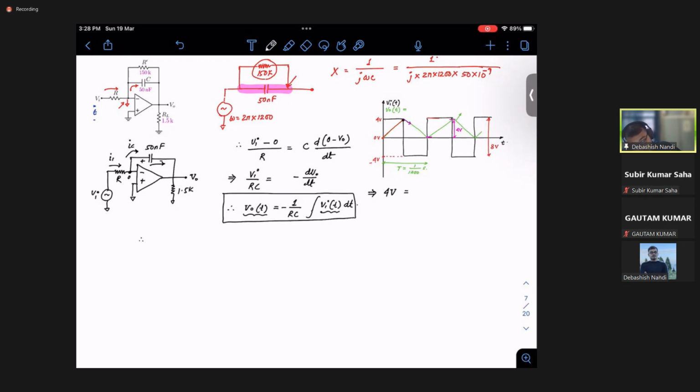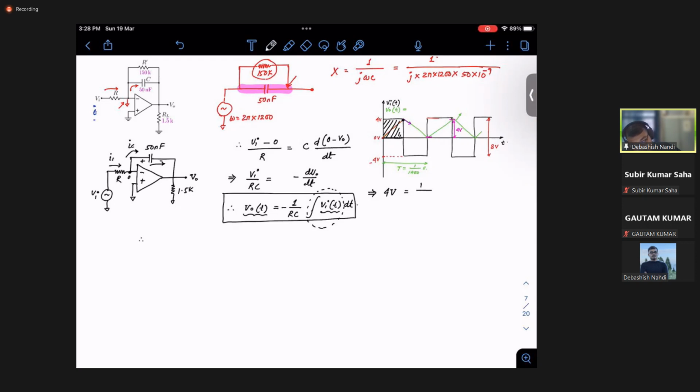What is the total integrated part when V out t is 4 volt? It is nothing but this area, right? And what is this area?